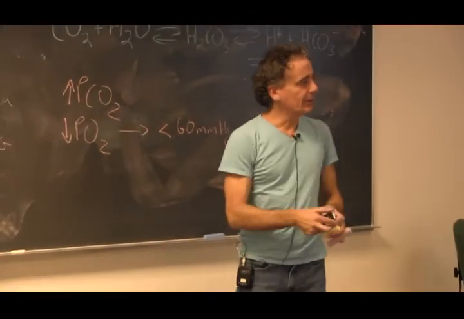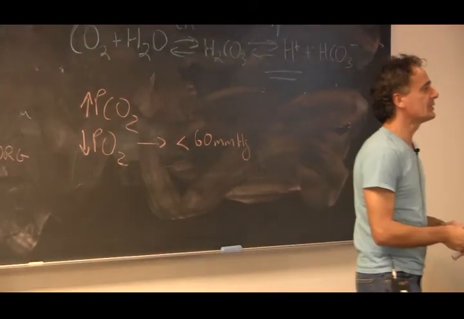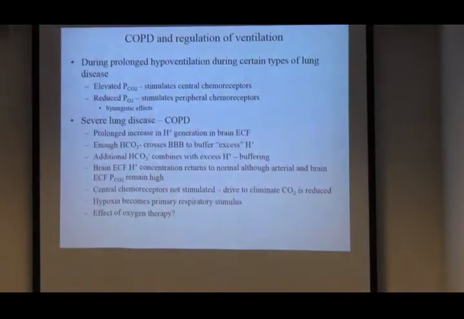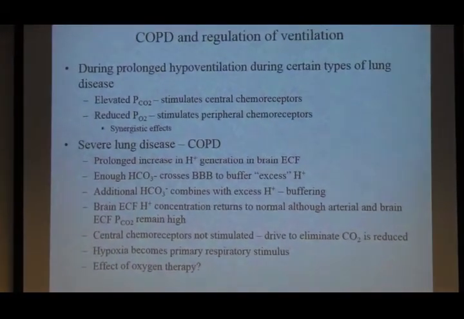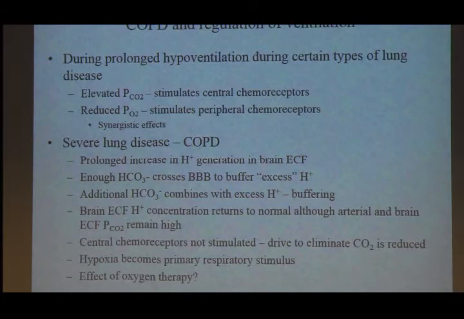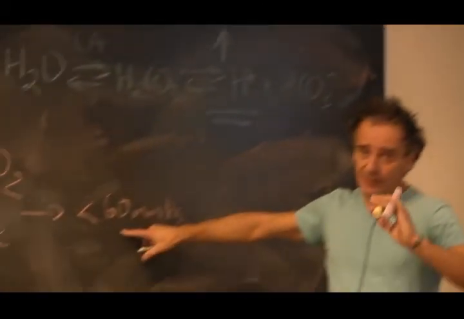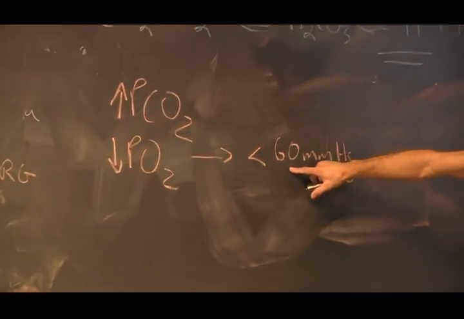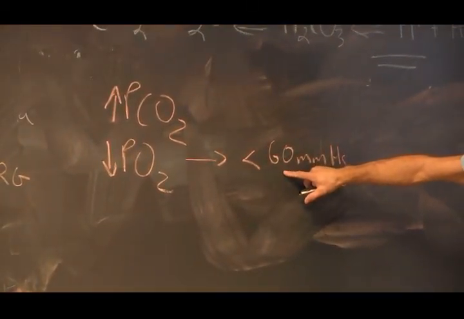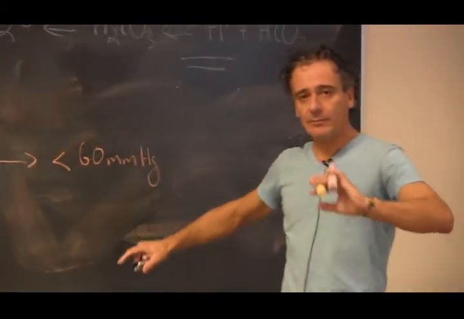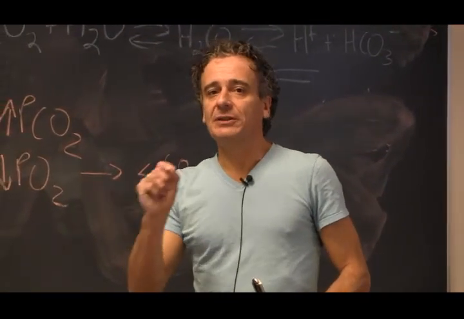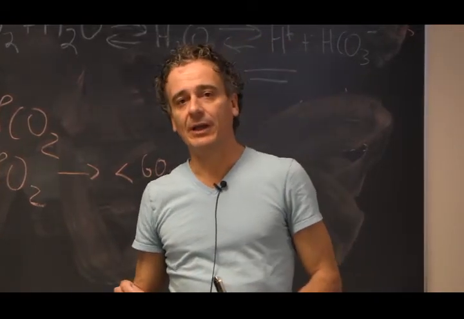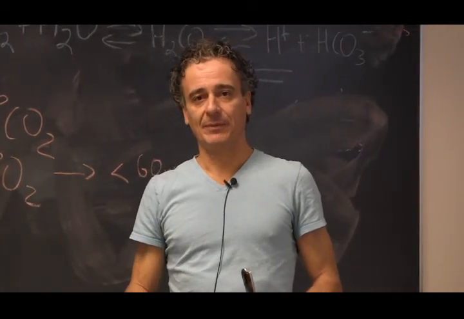So the point is, if you look at an individual who has COPD, the peripheral chemoreceptors become the major drivers of the DRG, because eventually, if they hypoventilate, the PO2 of blood gets below 60 millimeters of mercury. Now you begin to see the problem, because most individuals who have COPD are under oxygen therapy.